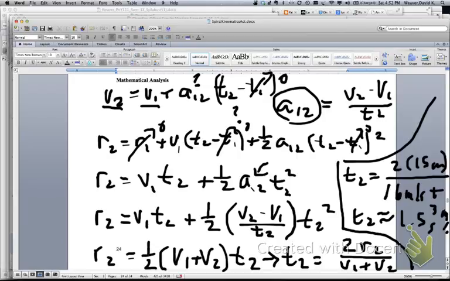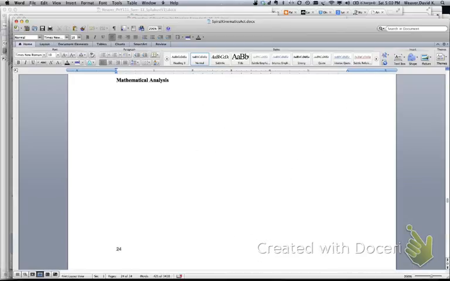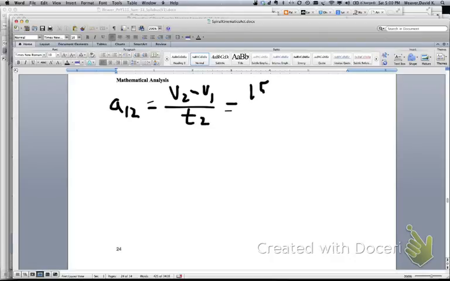So, let's see where to go next. From the previous step, we know that the acceleration is equal to the velocity difference divided by time, and that was 15 meters per second, not 16 like I said on the previous page, minus 3 meters per second, all over about 1 2/3 seconds, not 1.5, so I'll call it 1.7 seconds.